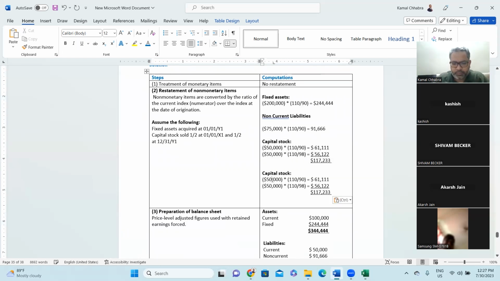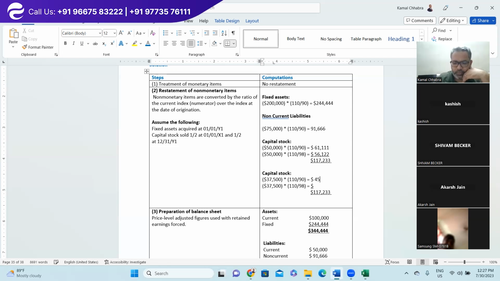So here you have 37,500. Ayush, can you do the math for me? Yes, sir. 1 second. 37,500 into 110, divided by 90. 37,500 multiplied by 110 divided by 90. 45,833.